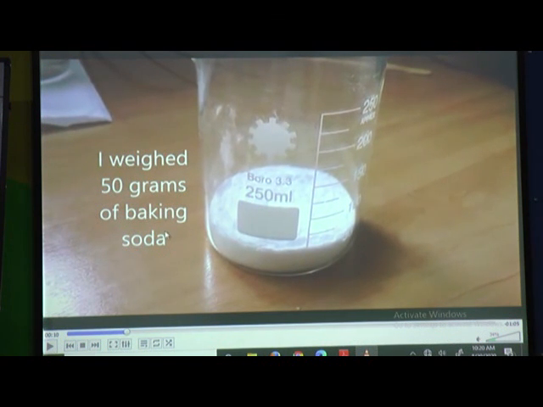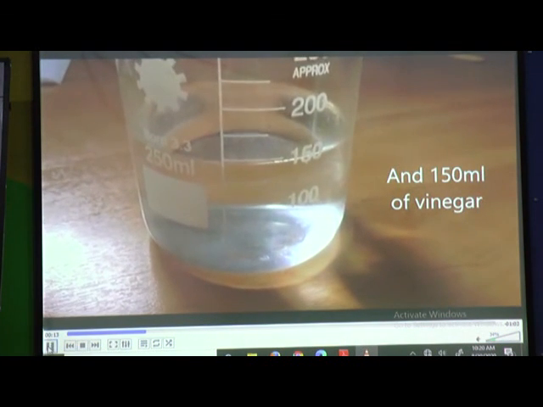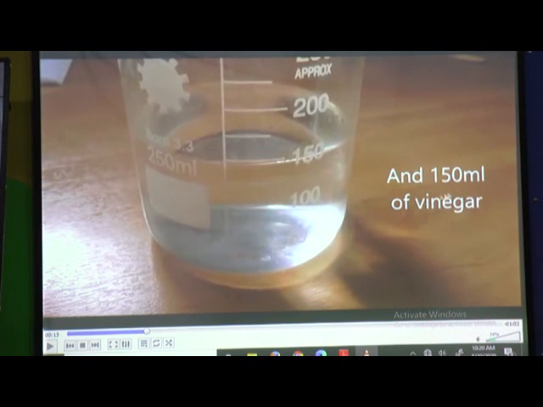See that 50 grams of baking soda is taken here in this beaker. After that, 150 ml of vinegar we are going to add to this baking soda which is in the beaker.